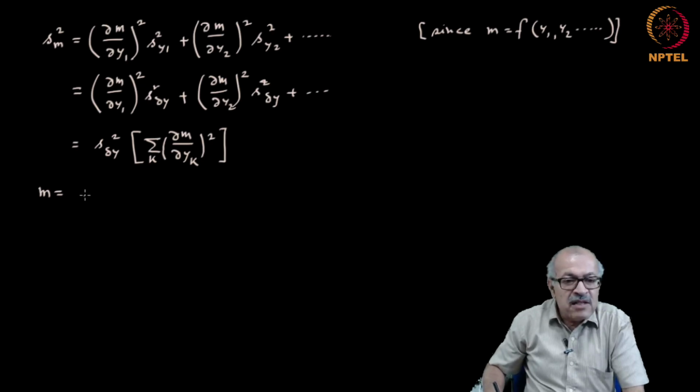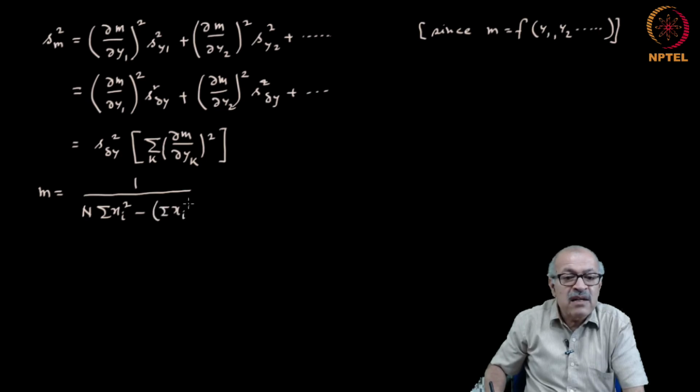I'll express that as two separate quantities. The denominator first, that was n sum over xi square minus sum over xi, whole square.